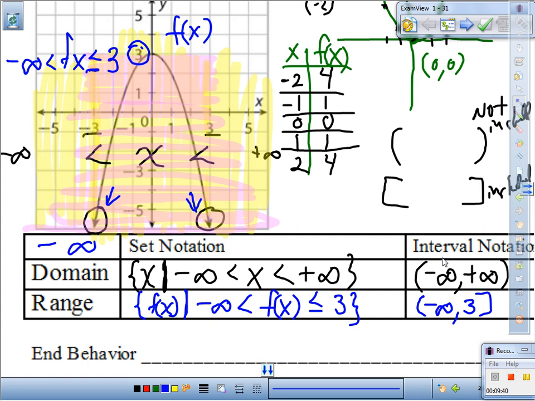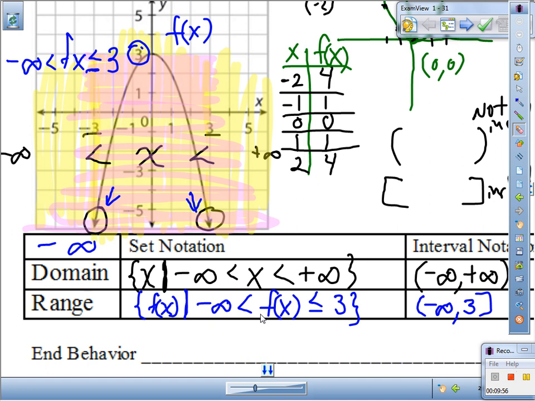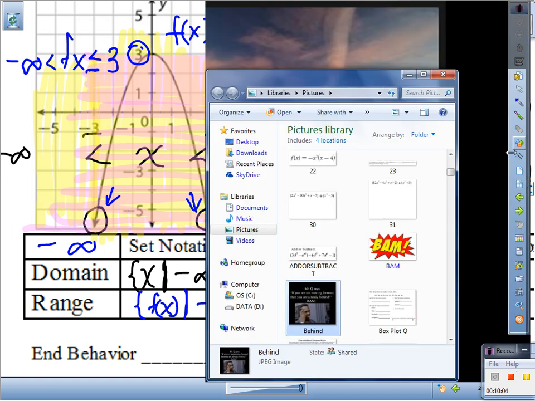And behavior. All right, so I'm going to erase this so you guys can see what I'm talking about in regards to behavior. I don't want you to get confused with what I wrote before. Ready? Here we go.